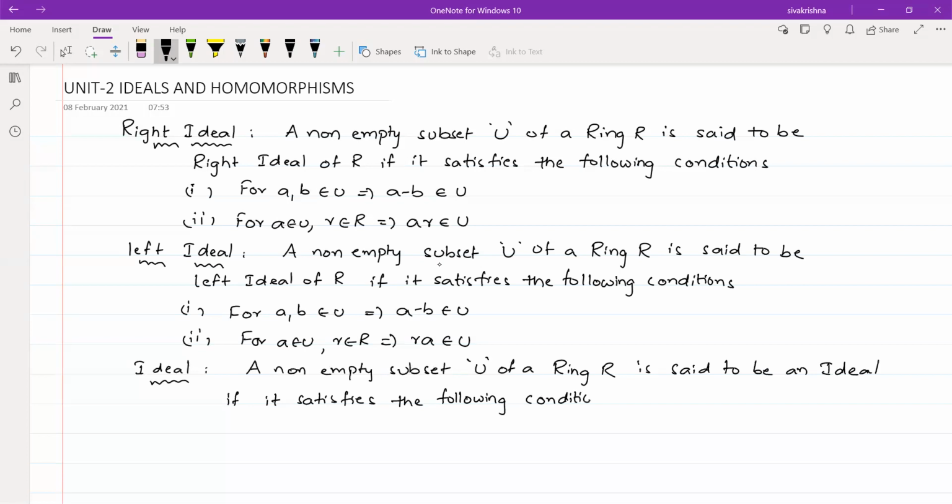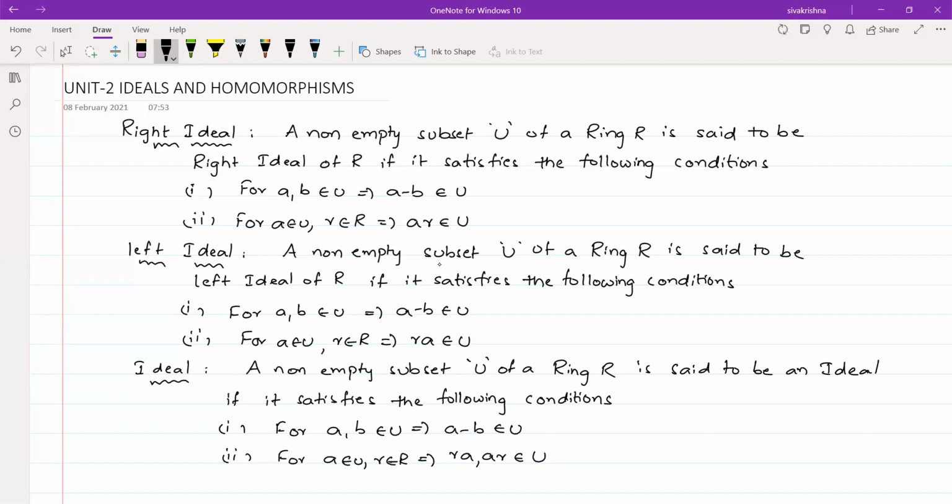So coming to the first condition, for a, b belongs to U, once again, we have to prove that a minus b should also belong to U. And coming to the second condition, for a belongs to U and small r belongs to capital R, we have to prove that both ra, ar should belong to capital U. It means both the elements ar and ra, if both these elements belong to capital U, we say that non-empty subset capital U is an ideal.